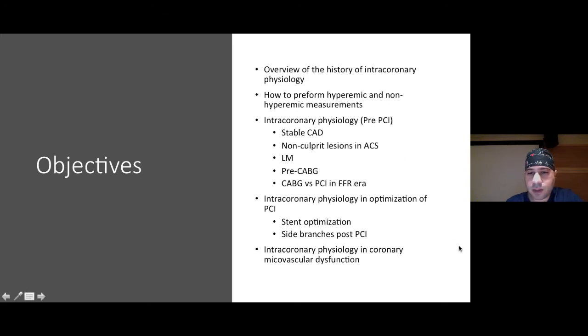And then we're going to be talking about the use of intracoronary physiology in optimization of PCI afterwards, by stent optimization and assessing whether a side branch needs to be treated or not. And we leave the last 10 to 15 minutes to talk about the intracoronary physiology of coronary microvascular dysfunction.